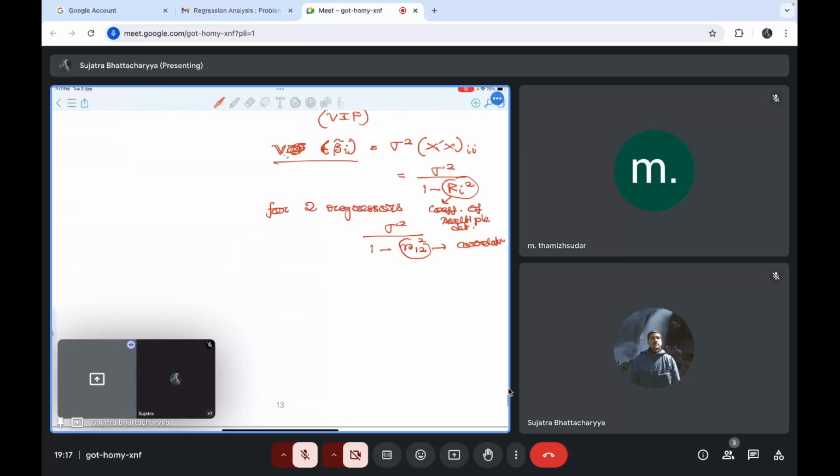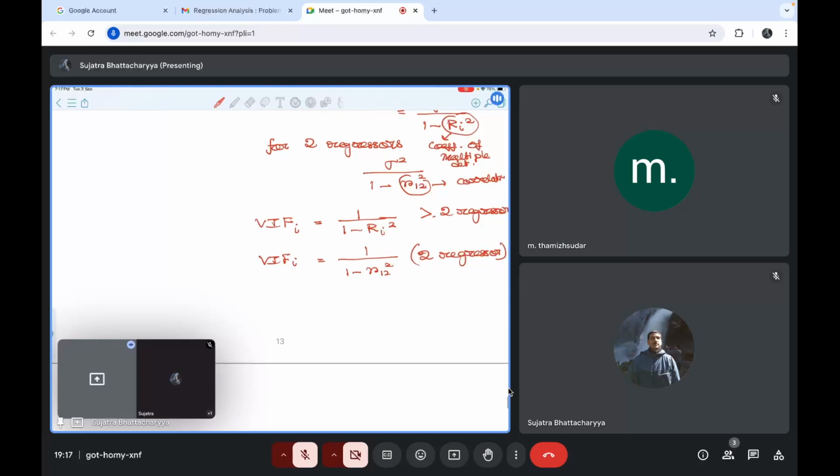But VIF for the ith regressor is 1 upon 1 minus Ri square, not with the sigma square. And for the two regressor model it is with R12 square.